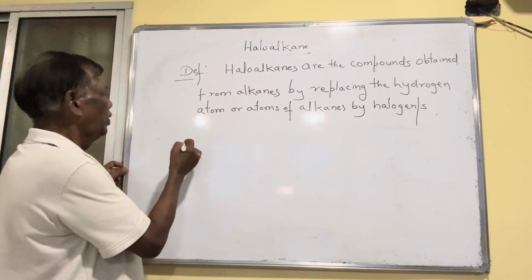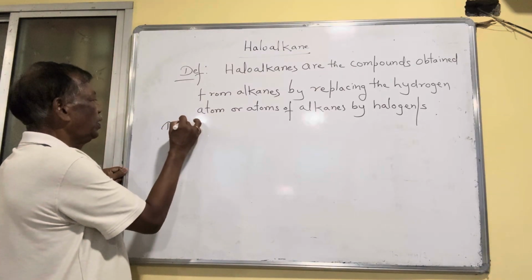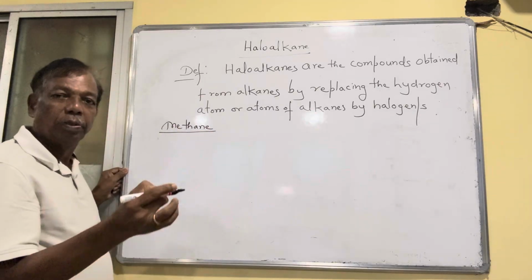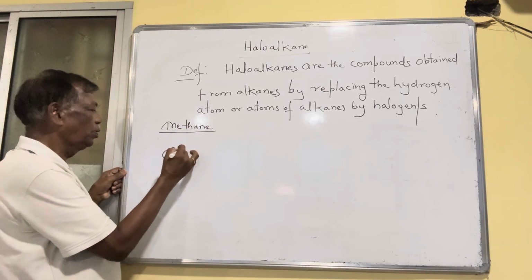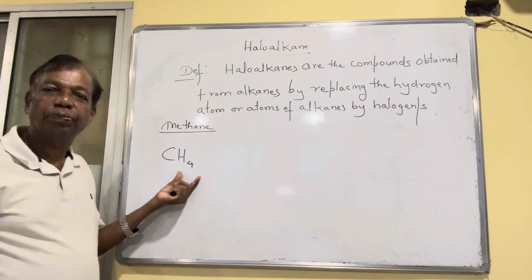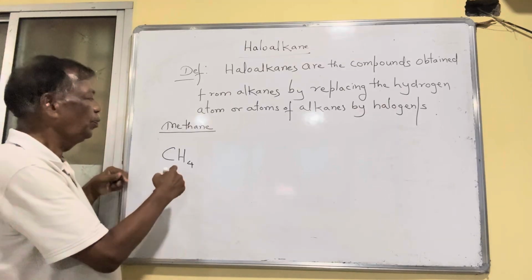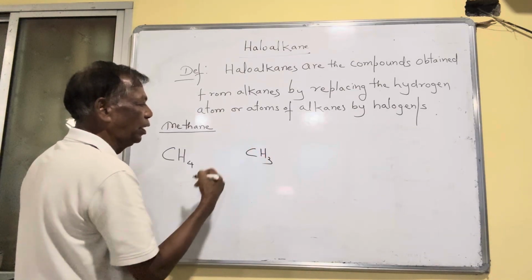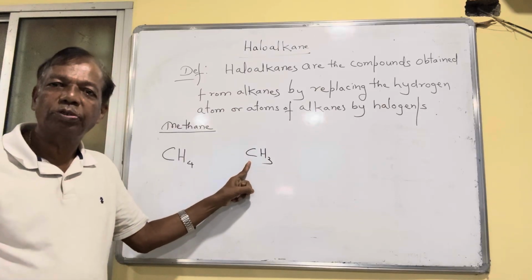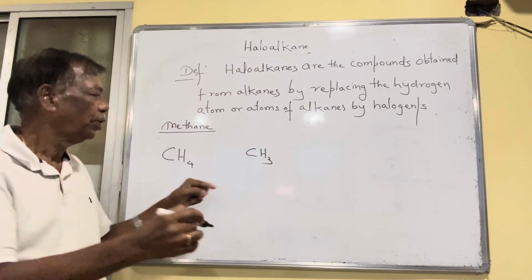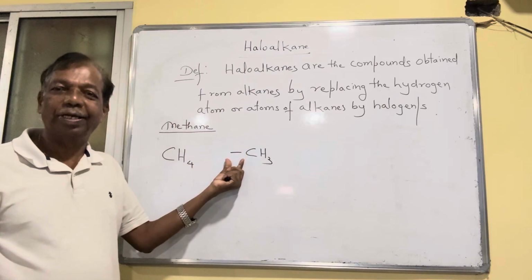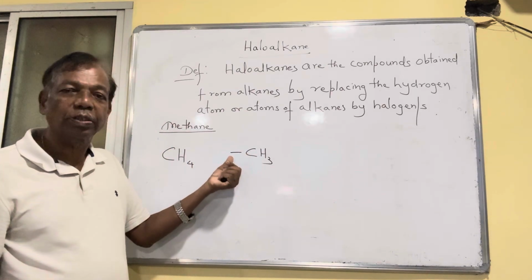Now let me give an example. Suppose we have methane. I have just given you the formula of methane. Methane, as I told you, is CH4. When I remove one hydrogen from here, I get CH3. Now this carbon is short of one bond, so we put a bond like this to show that it is not satisfied.